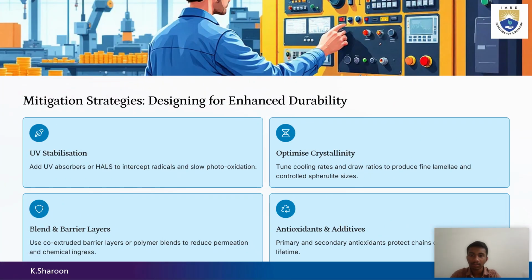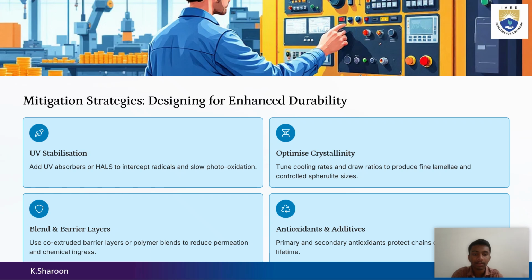Mitigation strategies: designing for enhanced durability. UV stabilization: add UV absorbers or HALS to intercept radicals and slow photo-oxidation. Optimize crystallinity: tune cooling rates and draw ratios to produce fine lamellae and controlled spherulite sizes. Blends and barrier layers: use co-extruded barrier layers or polymer blends to reduce permeation and chemical ingress.